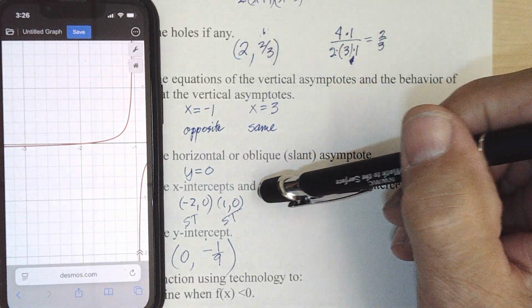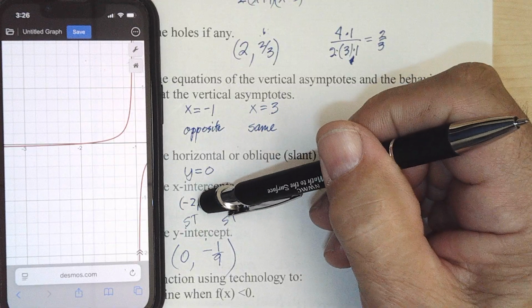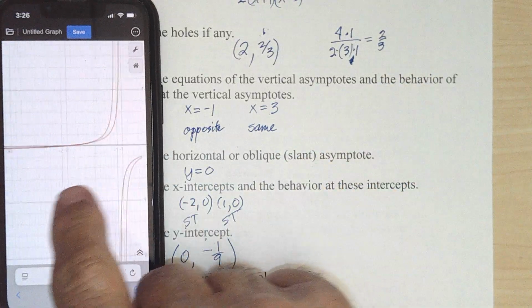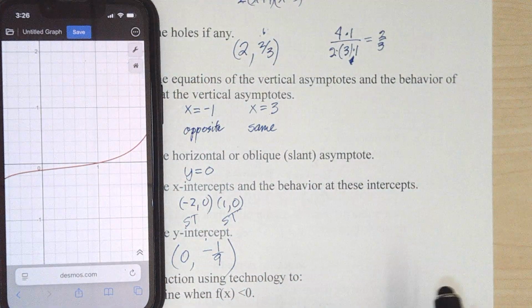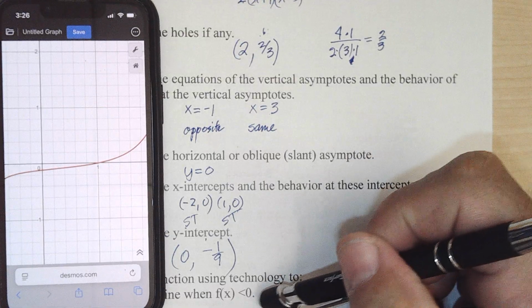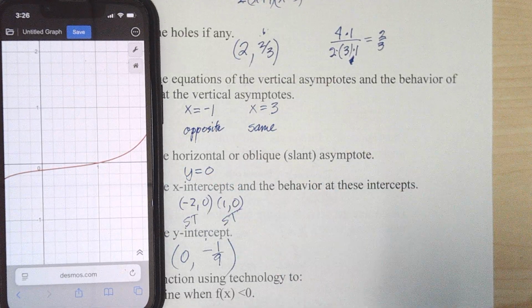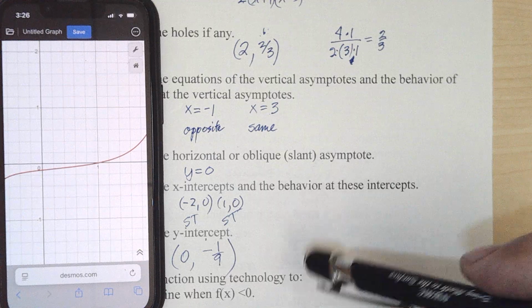That's one x-intercept, and at 1 it goes straight through. That's not a hesitate. A hesitate looks a little different than that, but not very much different. Okay, so we've graphed it.